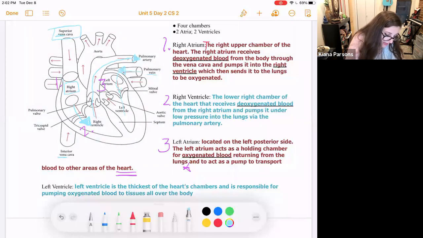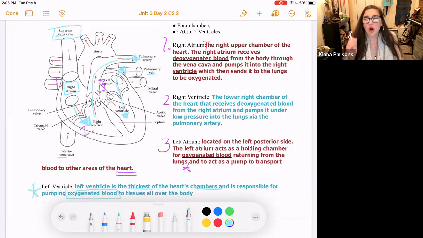It makes its way down to the left ventricle. The left ventricle is maybe the most important chamber of the heart because the left ventricle is the thickest chamber. It is thick and muscular and is pumping oxygenated blood to all of the tissues all over the body.